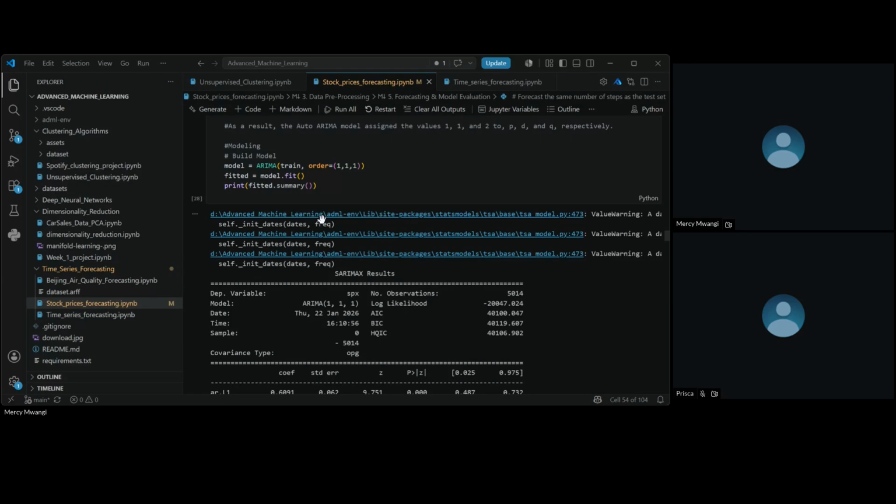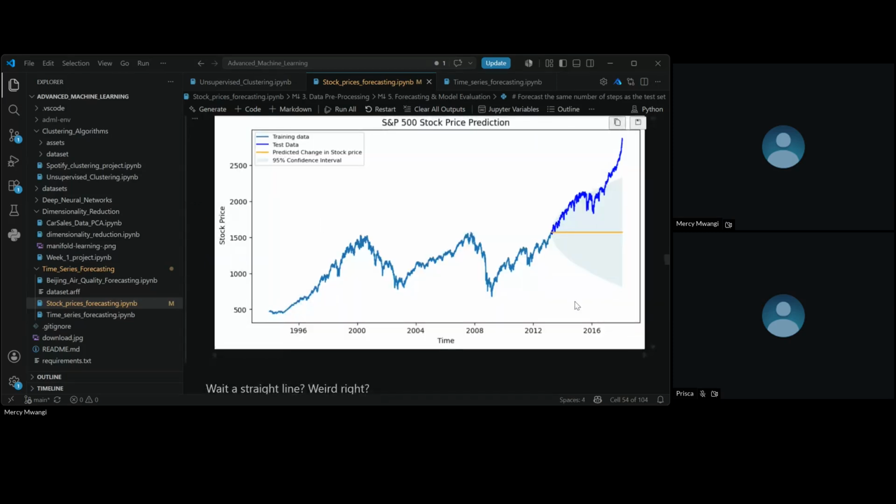So we did our auto ARIMA, and we did our forecasting, and we came up with a forecast that looks like that. We have the training data, which is in lighter blue, the test data, which is in that deep, rich blue, and then the predicted value. And we saw that when we use our ARIMA, it predicts a straight line.